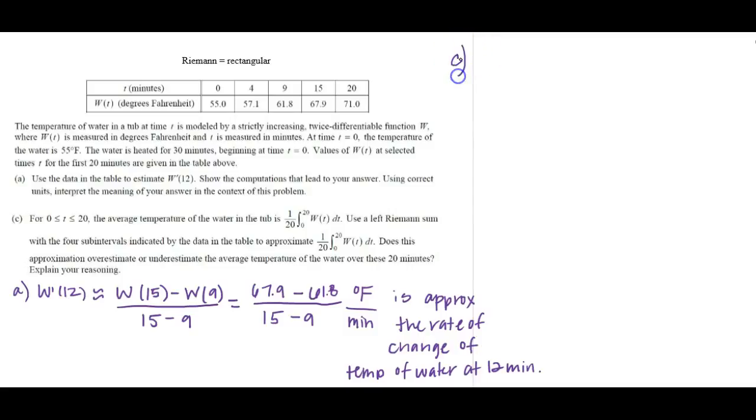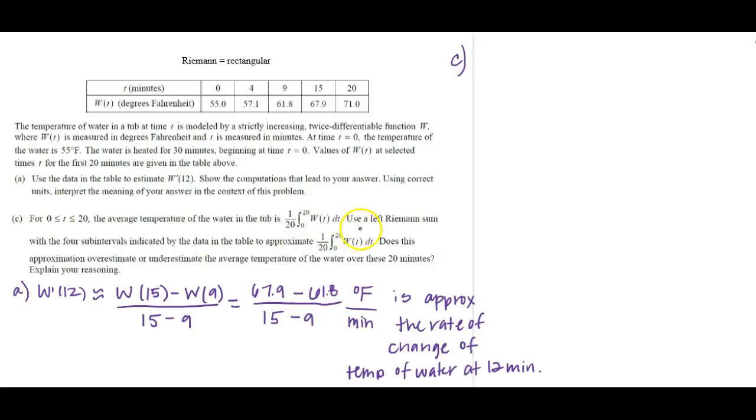Part A was really just a review. And part C is saying between 0 and 20, the average temperature of the water in the tub is 1 over 20, the integral from 0 to 20 of W of t dt. We talked about that idea last time, right? This 1 over 20 in front is the averaging component. They're actually telling us that here.